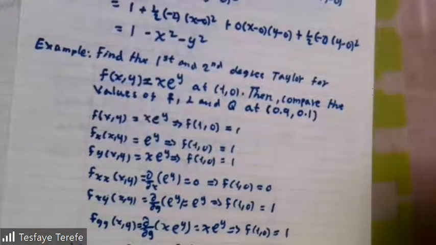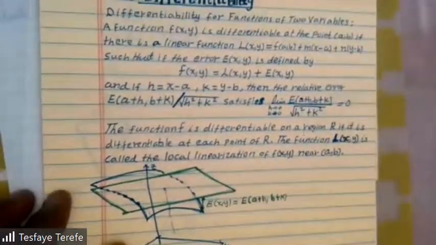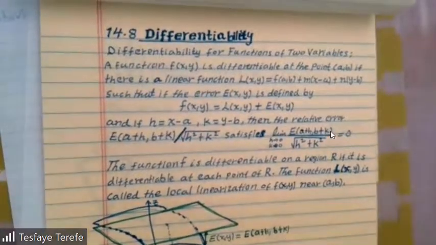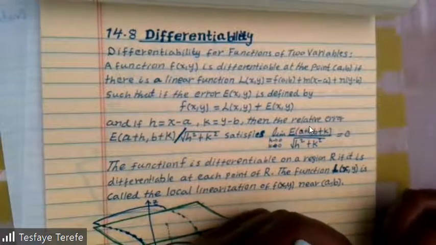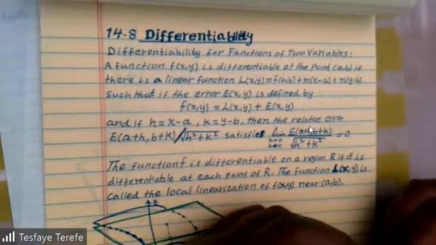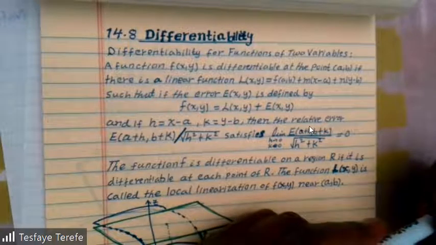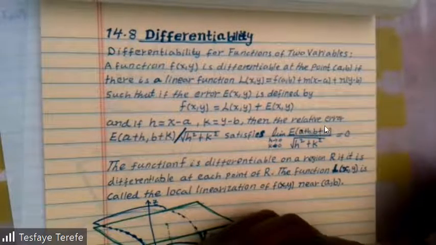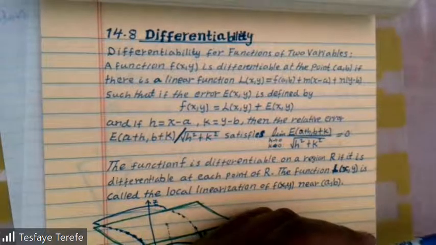All right, so the next section that we are going to talk about is differentiability. And this is a very simple concept. Remember, a single variable function is differentiable if it is continuous and smooth. That means no cut, no jump, no hole, no sharp corner, or vertical tangent line.